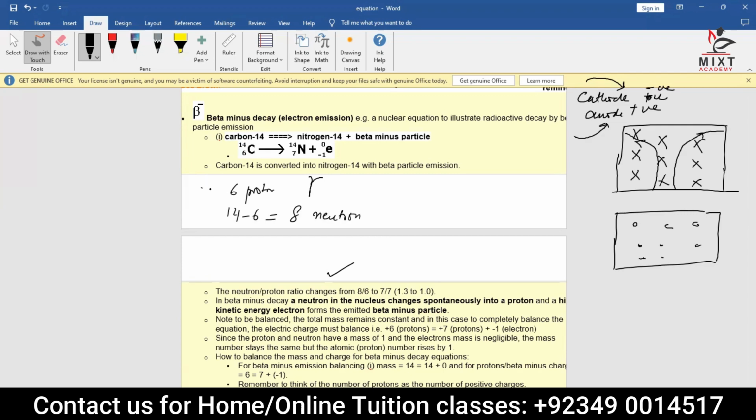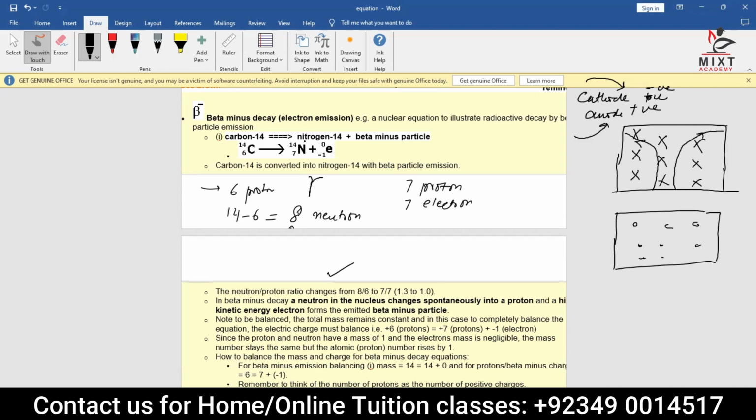And number of electrons will be the same as the number of protons. If you're talking about this nitrogen, it has 7 protons, right? Definitely 7 electrons.